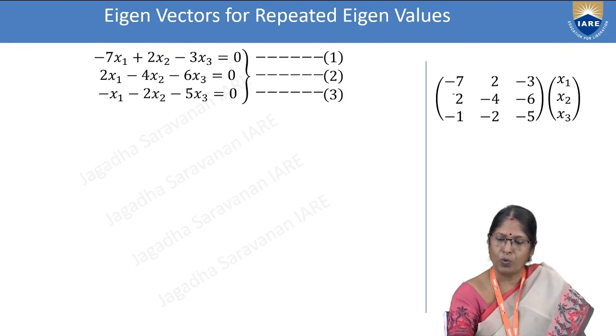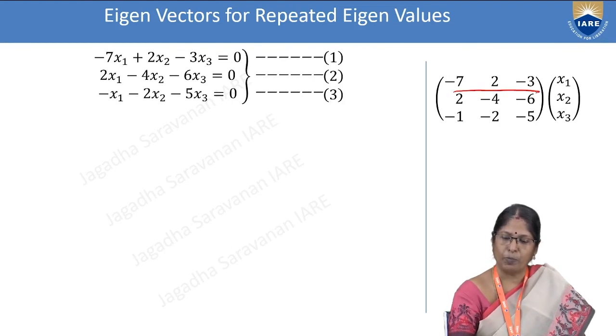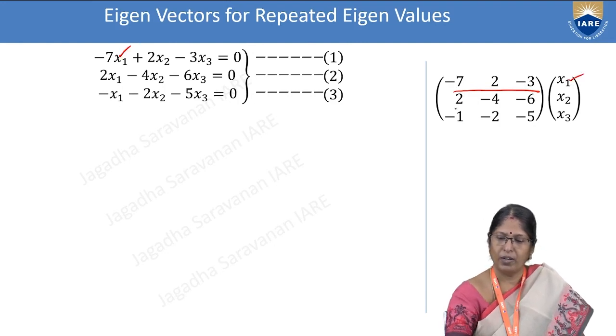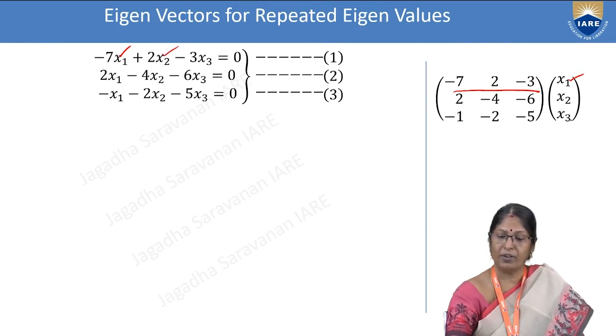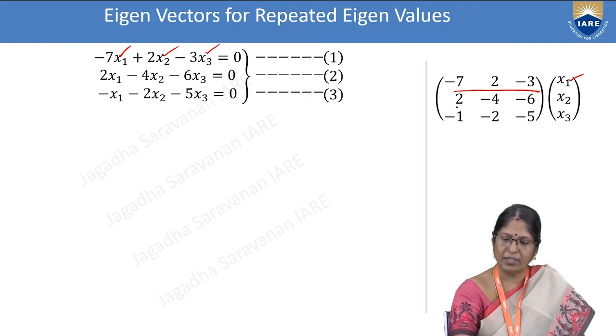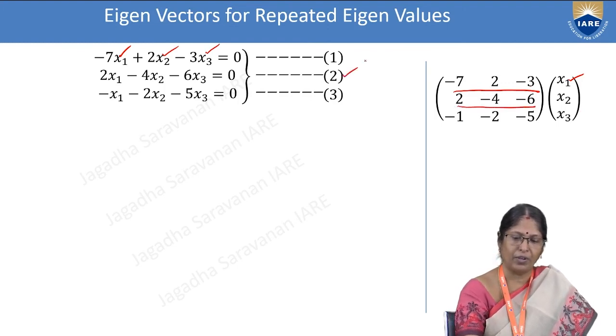So we know how to multiply: the first row, minus 7 into x1, minus 7x1, plus 2x2, minus 3x3. Similarly the second row is multiplied, and then the third row.